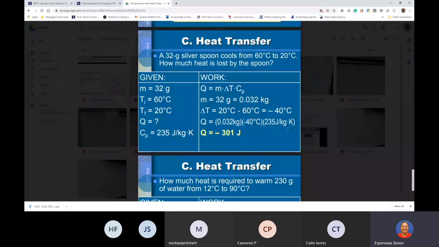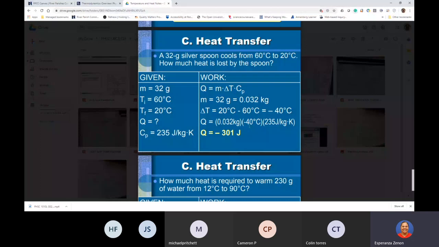Well, the only way you're going to be able to properly cancel out units is if this is rewritten as negative 40 Kelvin. So even though they didn't show that step in this example, there is a substitution here to allow for the fact that negative 40 degrees Celsius temperature difference, delta T, is the same as negative 40 Kelvin, delta T.